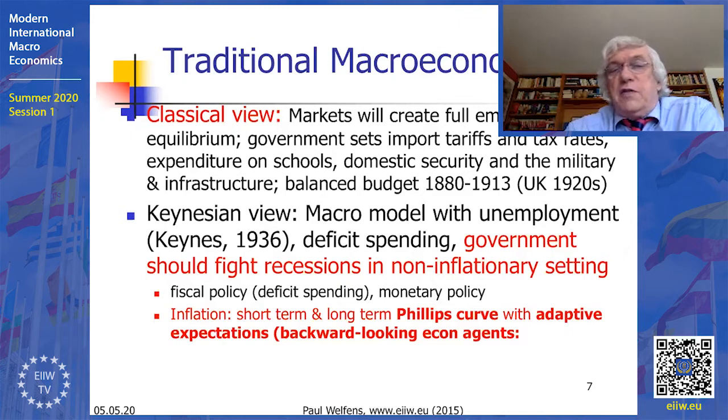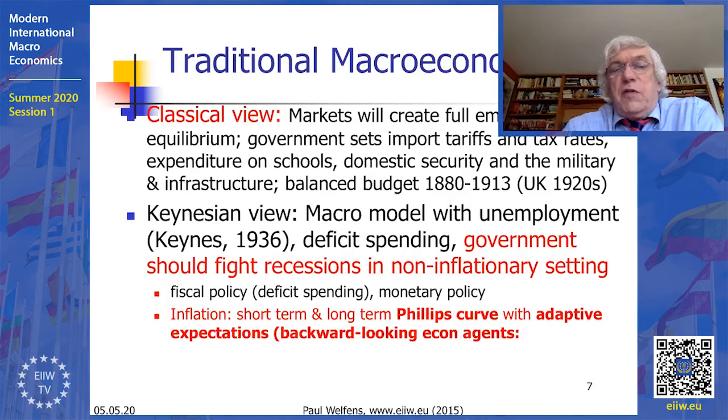So government should fight recessions in a non-inflationary setting, and at least in the 1930s, inflation certainly was not a big problem. It became more of a problem in OECD countries in the course of the 1970s, when we also had the two big oil price shocks in 1973, 74, and 1979, 1980.